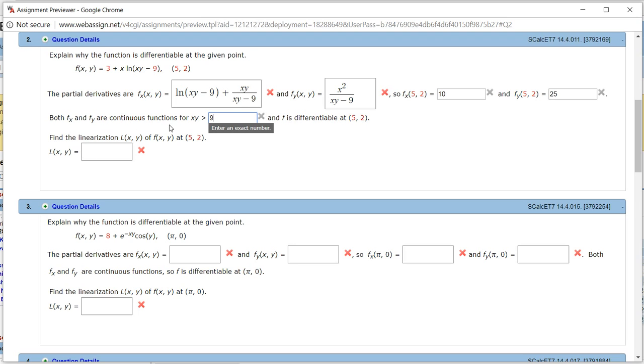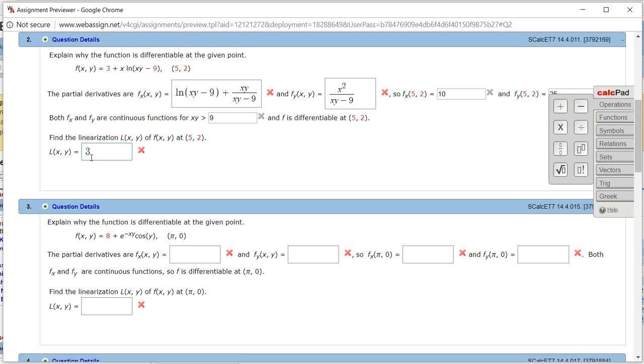Find the linearization. So for the linearization, we have to find f of (5, 2). You just plug in 5 and 2. It's going to be 5 times the natural log of 10 minus 9, which is 1. The natural log of 1 is actually 0. So you're just going to get 3 here.